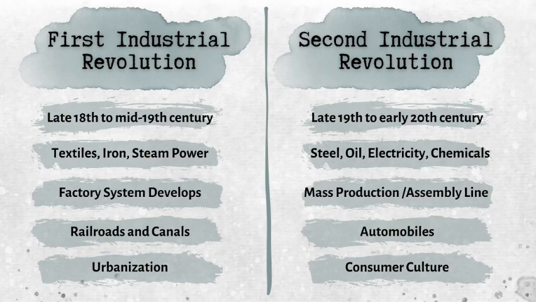In the First, we see the development of railroads and canals, that innovative technology of that time, whereas in the Second, the innovative technology is going to be the automobiles. We see in the First Industrial Revolution urbanization, and then in the Second, consumer culture. So once again, make sure to mark those down into your guided notes.